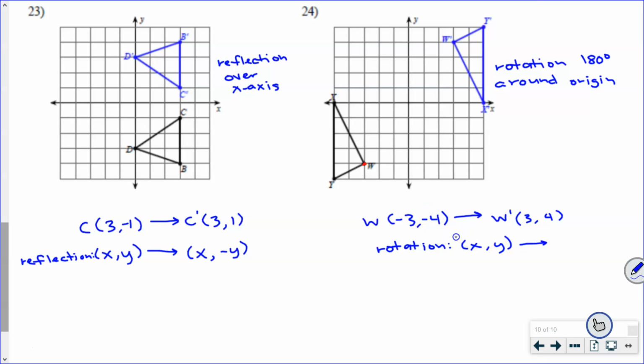How are the X and Y's changing? Talk to each other. Okay, are you ready to share with me? x, y goes to Callista. Opposite X, opposite Y. Perfect.